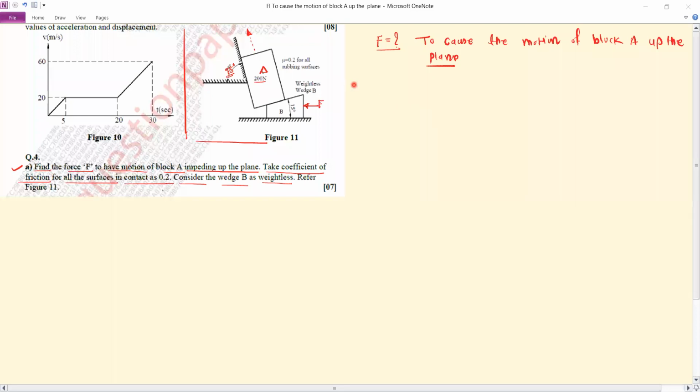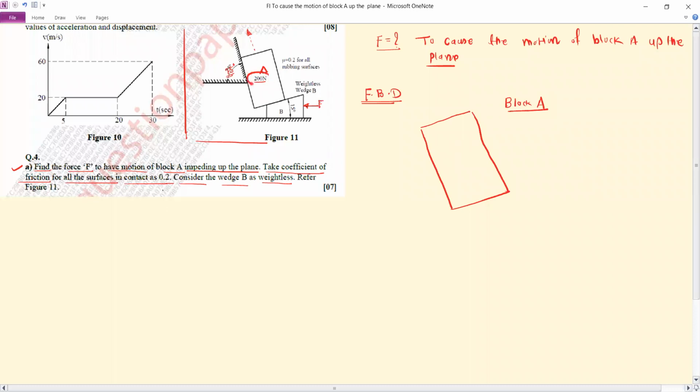For the free body diagram, we will isolate the block A from the wedge B. So this is the block A. Now on the block A, the first force is the weight force.